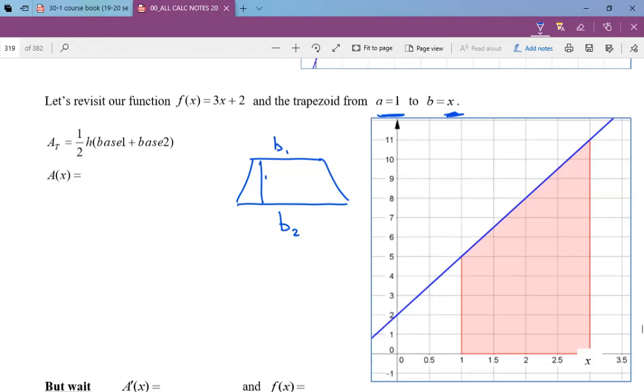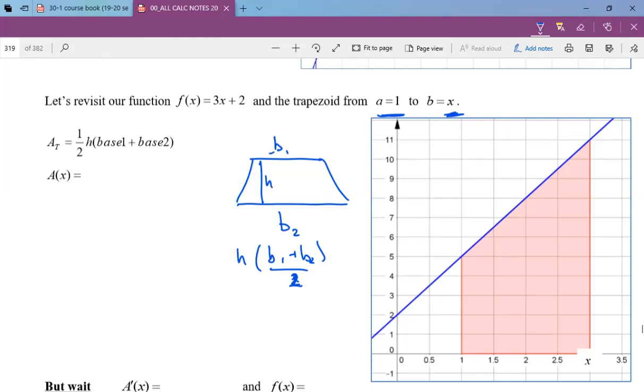The area also depends on the height between those 2 bases. Our formula ends up being height times (b1 plus b2) over 2. That works because adding them up and dividing by 2 gives the average base length, and multiplying the average base length by the height gives us the area of the trapezoid.